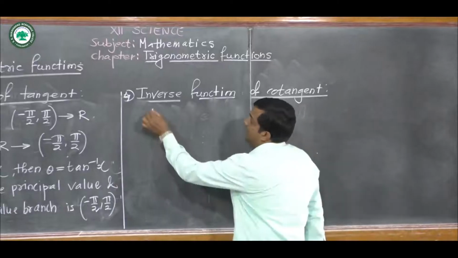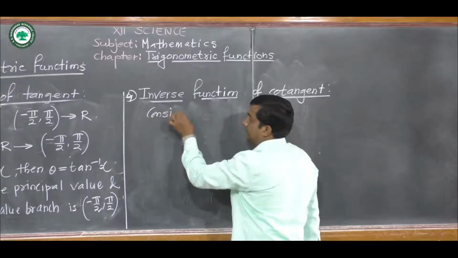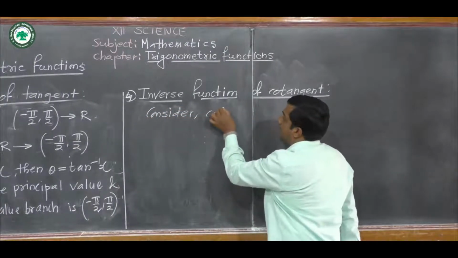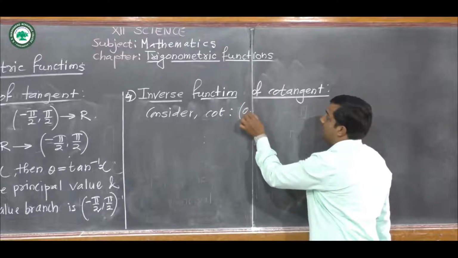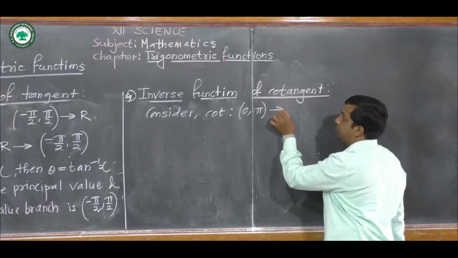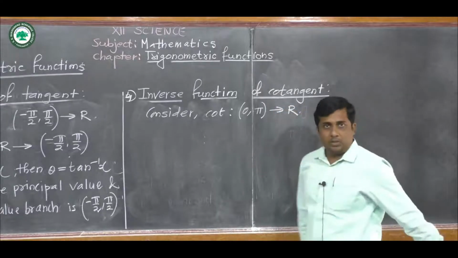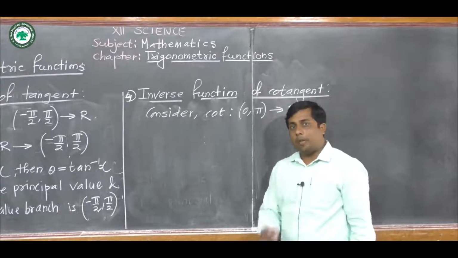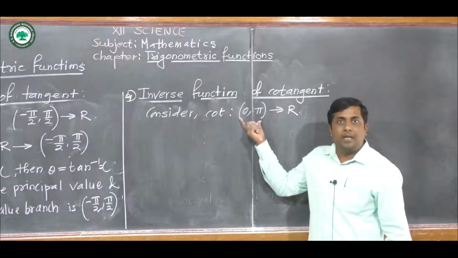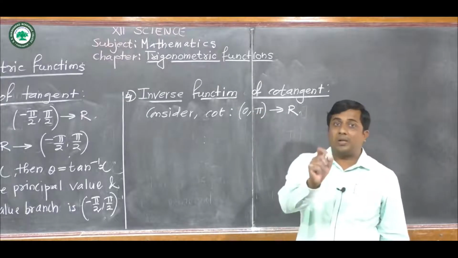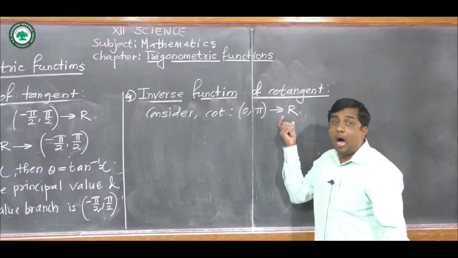Again we consider cot as a function from the open interval 0 to pi to R. We know the domain for cotangent is the open interval 0 to pi, and the range for the given function is R.